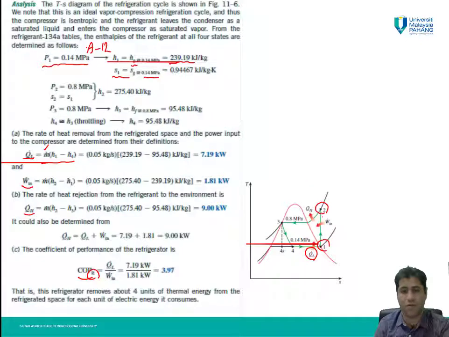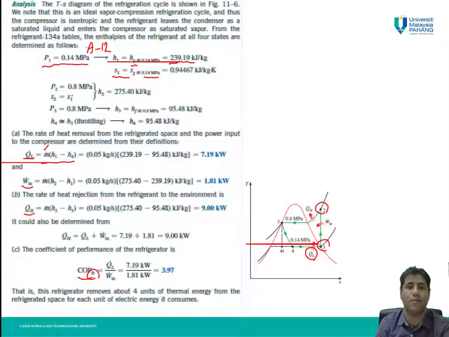In state 2, if you notice, the state is in the superheated region. So to find the enthalpy and other thermodynamic properties for this state, we need to refer to another table. Let's see what information we have here. First of all, the pressure here is 0.8 megapascal.